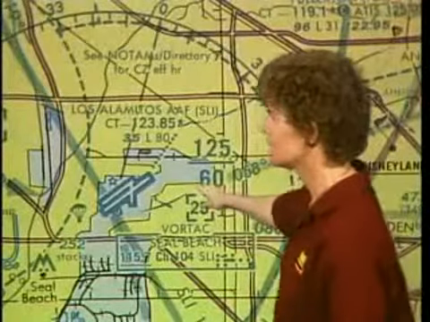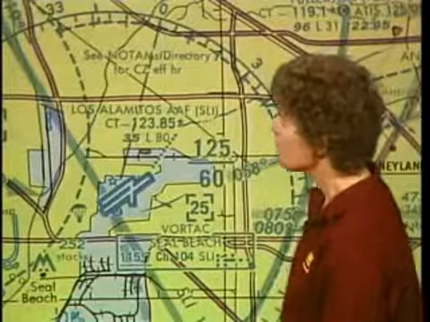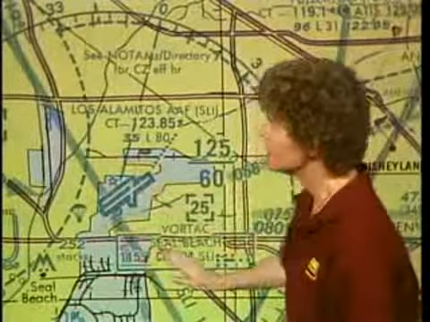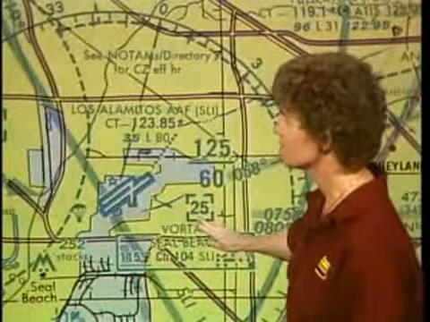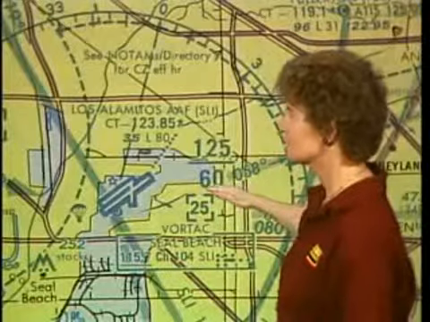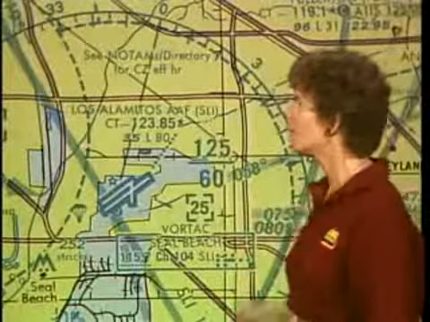And the floor of the Class B airspace in this area is 6,000 feet. So you've got kind of a layer or slice. The top of the D airspace over Los Alamitos is 2,500 feet, but the floor of the LA Class B airspace is 6,000, and you've got that chunk of airspace in there, those altitudes that you can fly without having to communicate and get clearance from anyone.